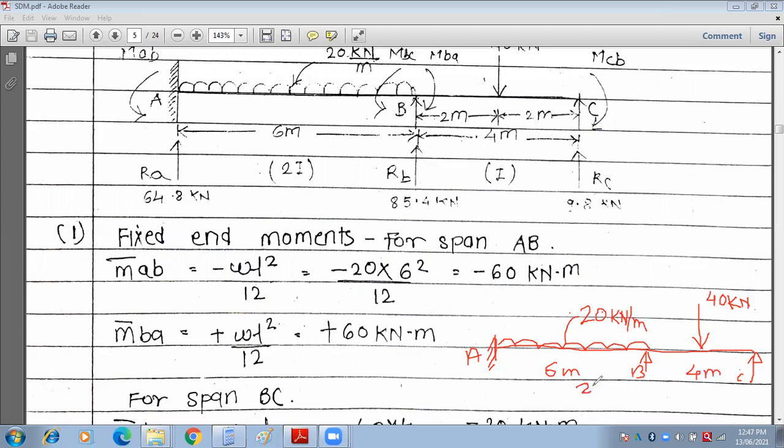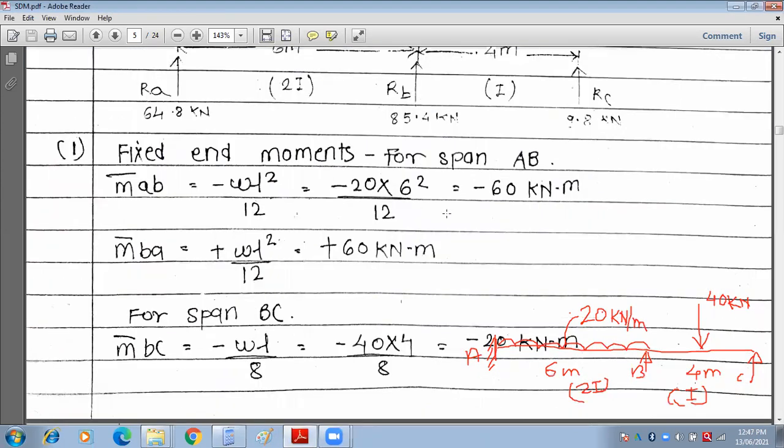I value is twice I over here for AB, and I value is single I over here for BC. This diagram is always required for our calculation. Okay, now let us see.